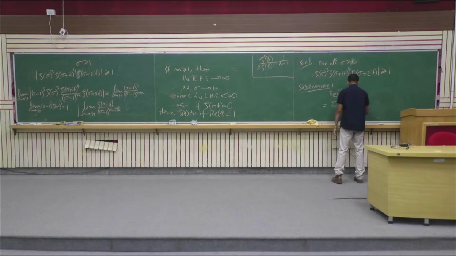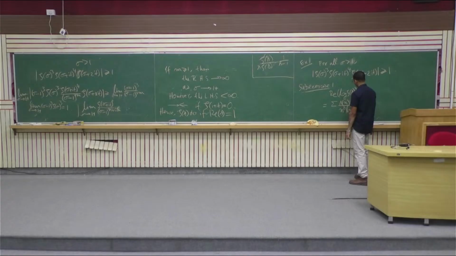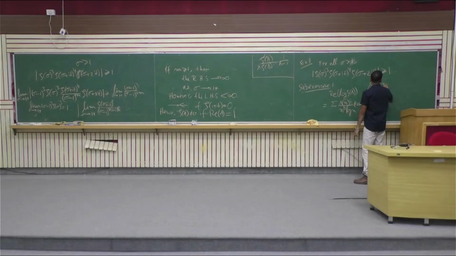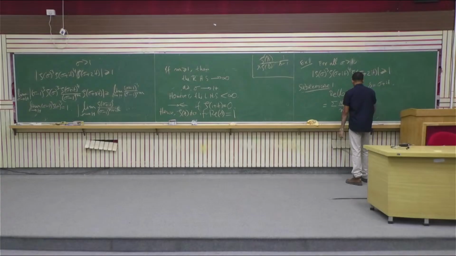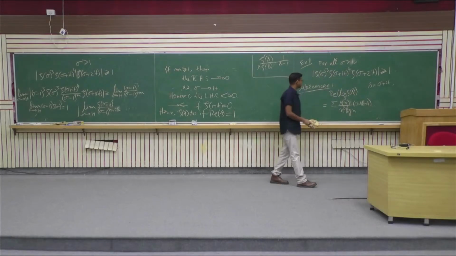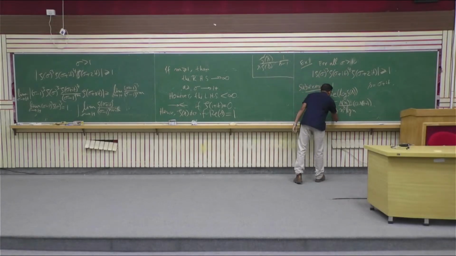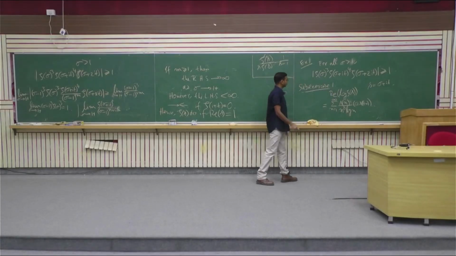Yes, so if s is equal to sigma plus it, then this would be just lambda n times cos of t log n, and n is running from 1 to infinity.